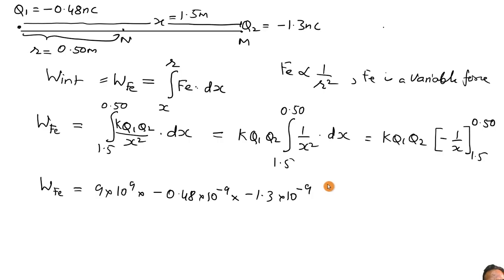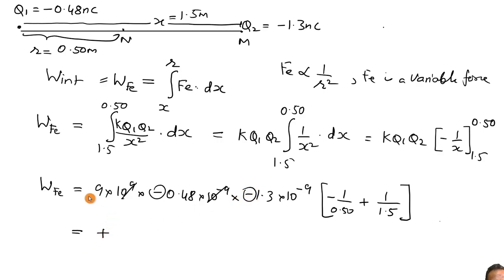And this part will be minus 1 upon 0.50, then minus of minus will be plus, and 1 upon x, which is 1 upon 1.5. Now first I'll deal with the sign, so it will become plus. 9 into 0.48 into 1.3, let me work that out.